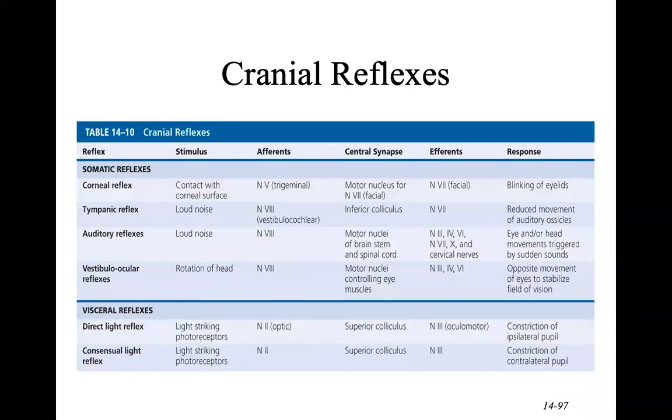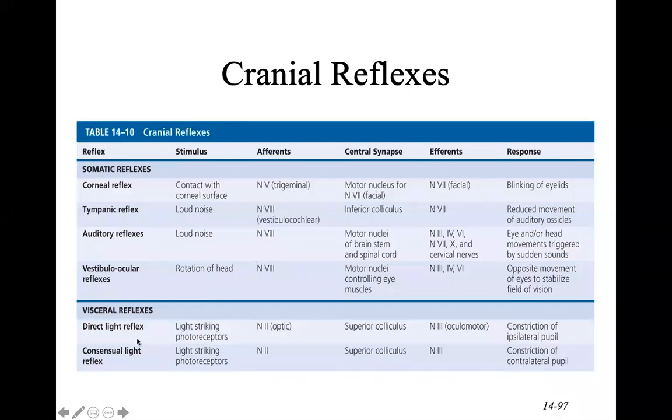Once something touches the eye, then we said cranial nerve 7, which is efferent, which is motor, shuts the eye. We said when 7 is damaged and the person blinks, the eye is not going to close, only the other one closes. So the corneal reflex has a sensory and a motor part, or an afferent and efferent part. The trigeminal nerve, cranial nerve 5, is the sensory, cranial nerve 7 shuts the eye.